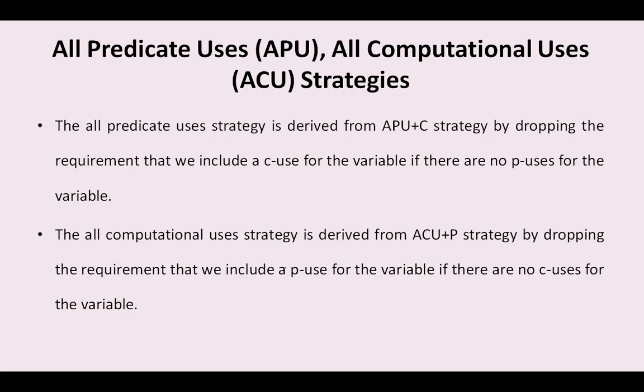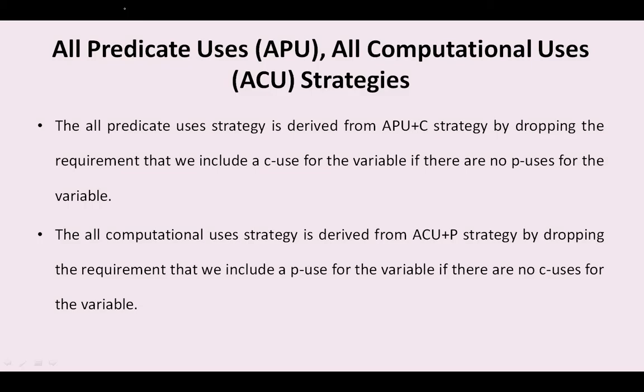The next ones are all predicate uses and all computational uses, the APU and ACU strategies. The all predicate uses strategy is derived from the APU plus C strategy by dropping the requirement that we include the C use case. And the all computational uses strategy is derived from the ACU plus P strategy by dropping the requirement that we include P use.